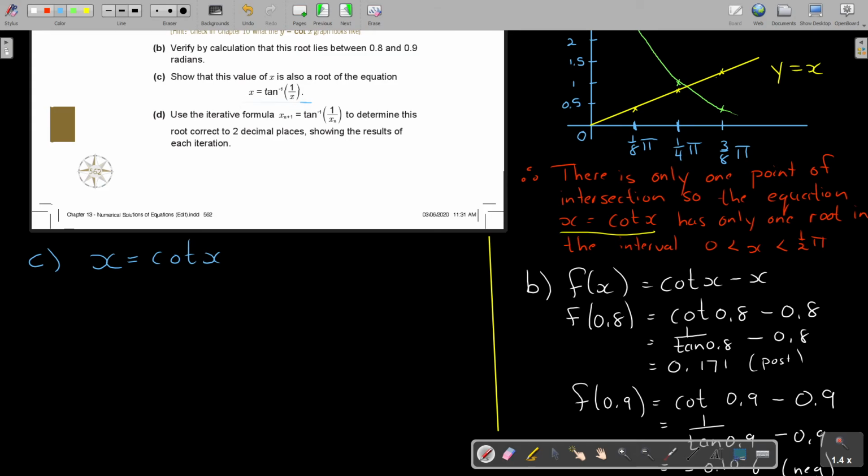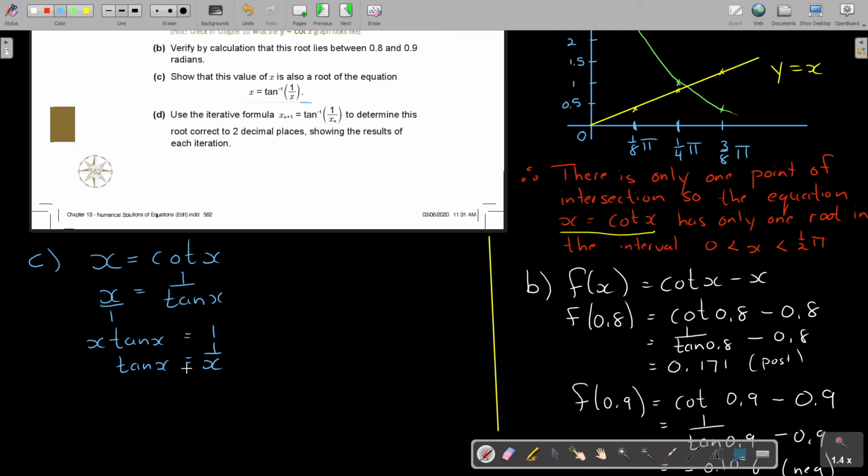Now how do I do this? So make it just like I said, 1 over tan x. And it's over 1. So I cross multiply, so I have actually x tan x is equal to 1. So tan x is equal to 1 over x. Okay.